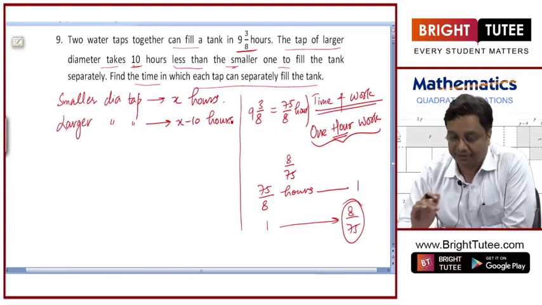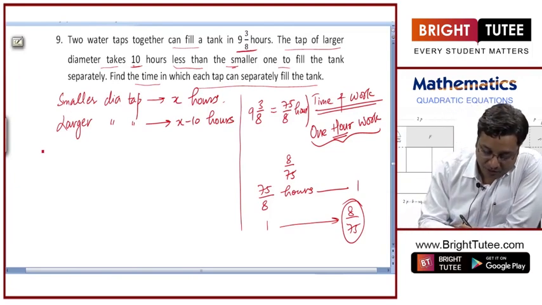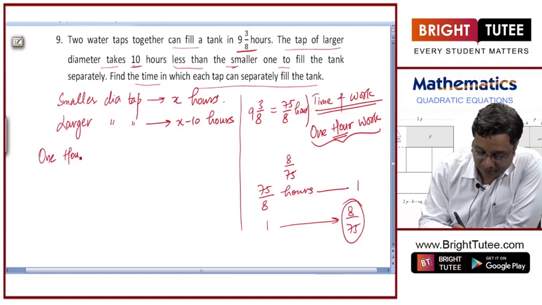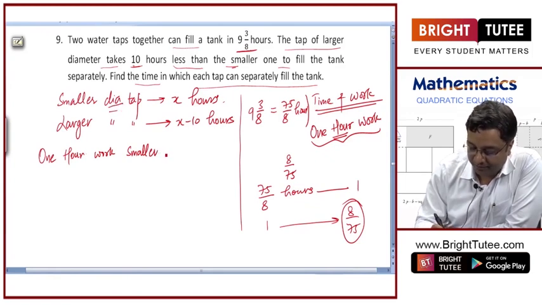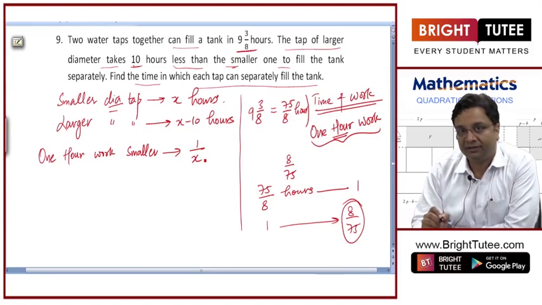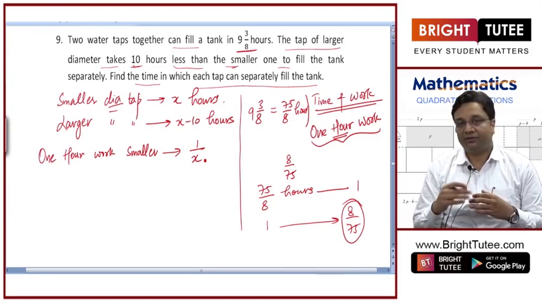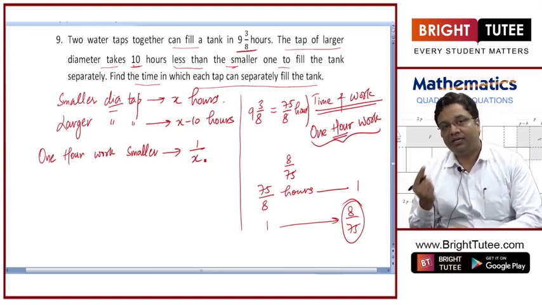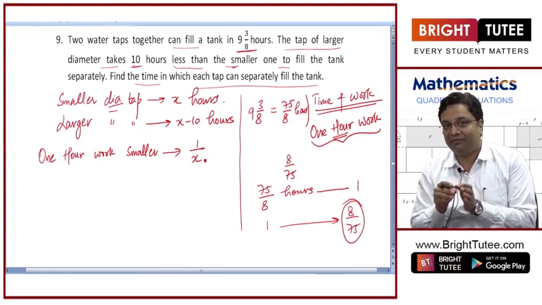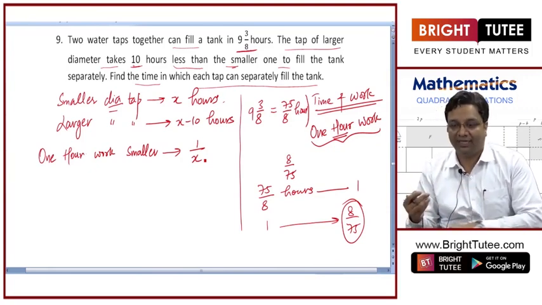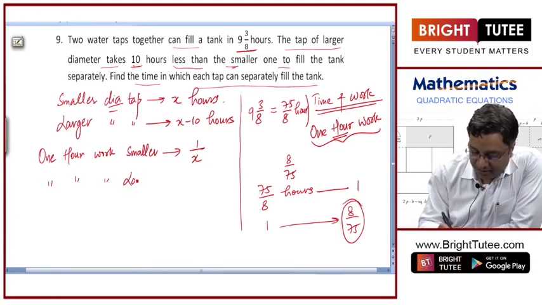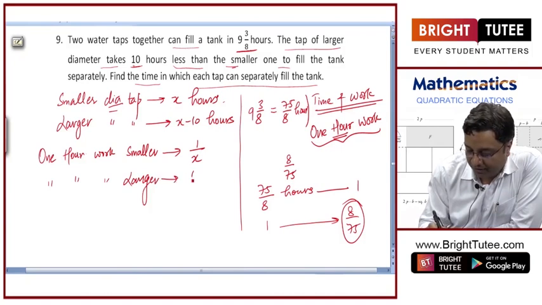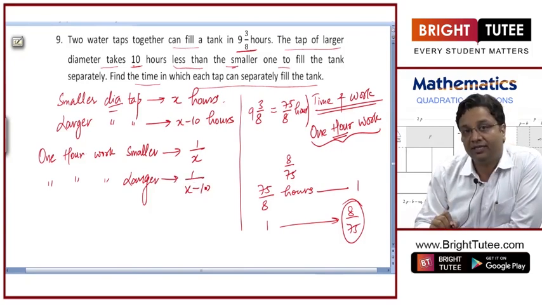So the 1 hour work of the smaller diameter tap will be 1 by x. When the smaller tap fills the tank in x hours, in 1 hour it will fill 1 by x of the tank. And in 1 hour, the larger diameter tap will fill 1 by x minus 10 of the tank.